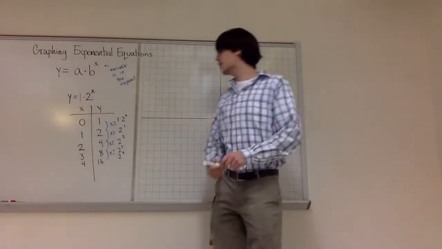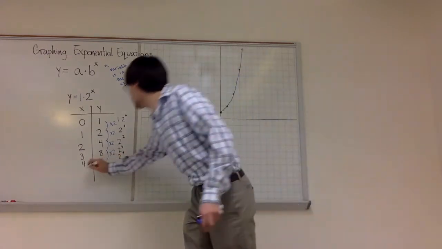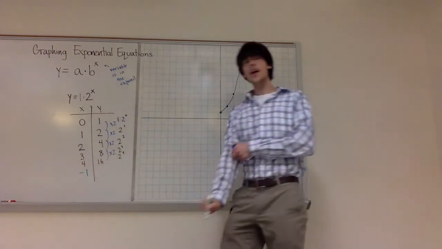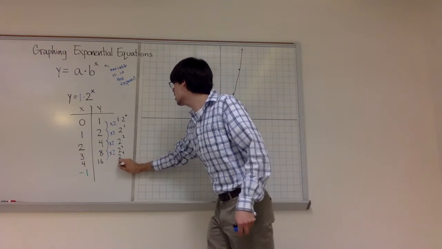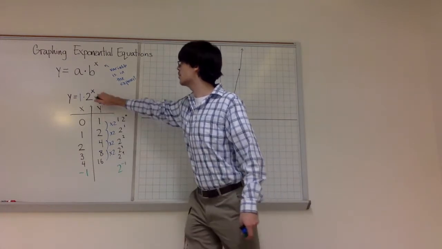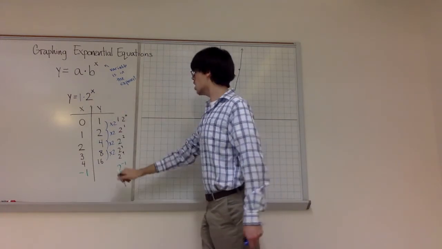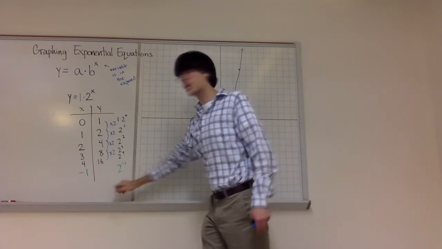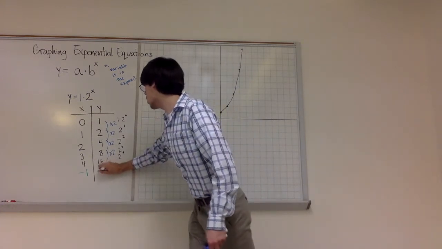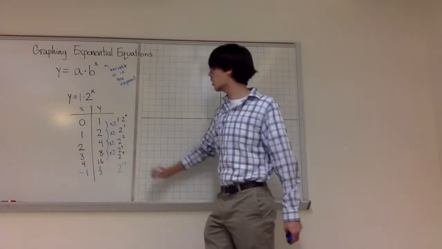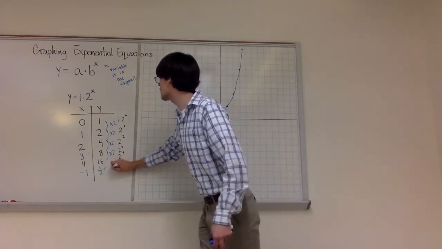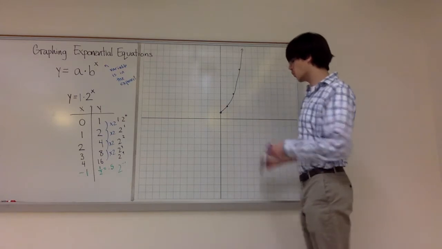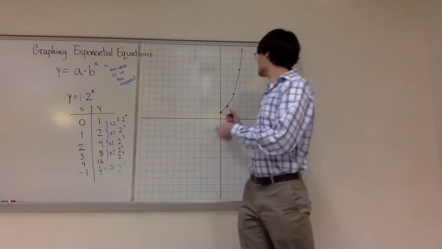If I plug in, for example, a negative 1, that means I have 2 to the negative first power, because I'm plugging in a negative 1 for x. 2 to the negative first power, if you guys remember, you send it to the bottom of the fraction. This is the same thing as 1 over 2 to the first, which is just 0.5. So if I plug in a negative 1 on this graph, I will get out a 0.5.